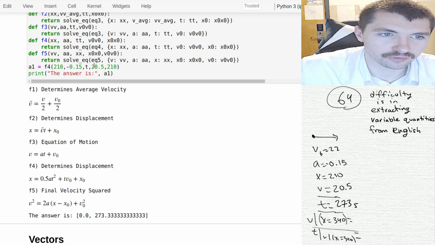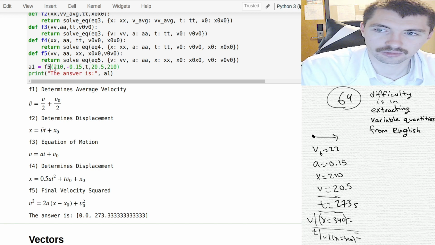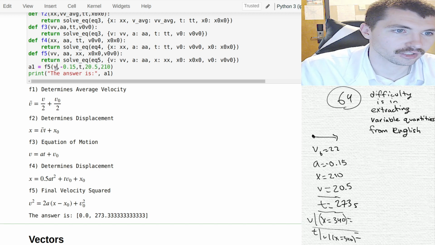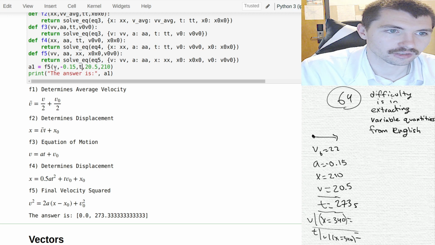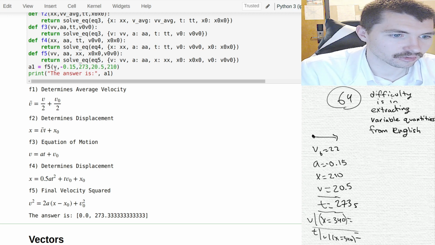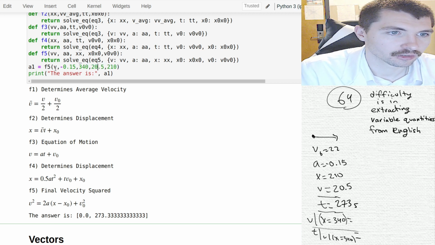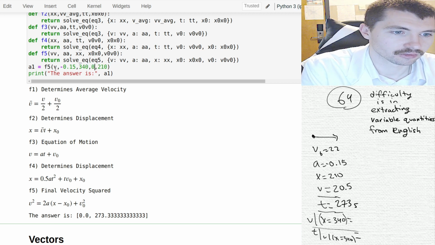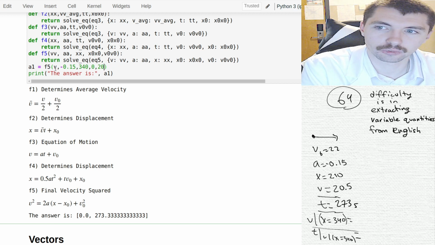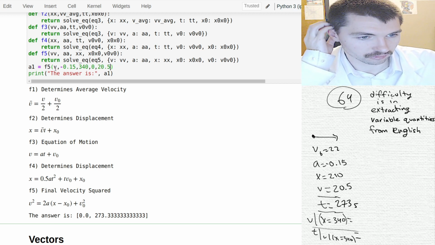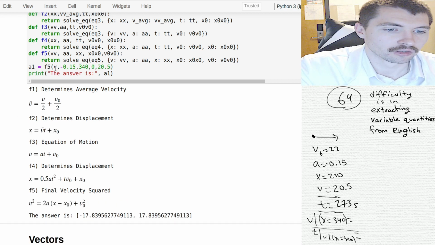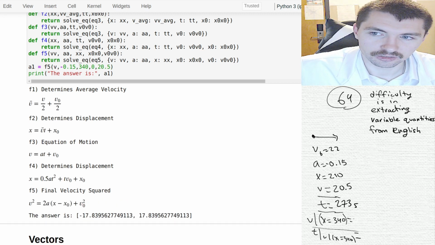Okay, now they want the velocity. Or solve for V. And 273 seconds. X 340. 0. V naught is 20.5. Okay, so that should be 17.8.